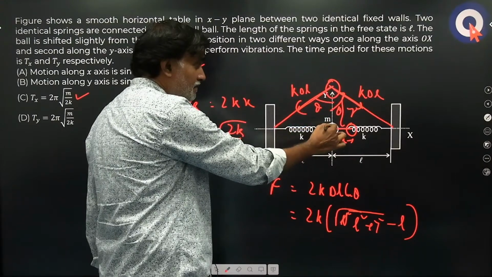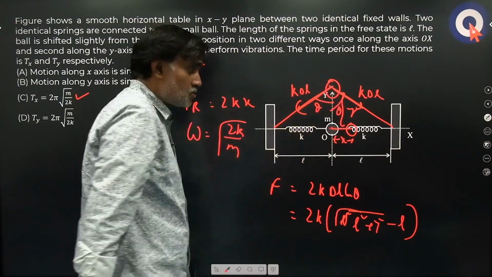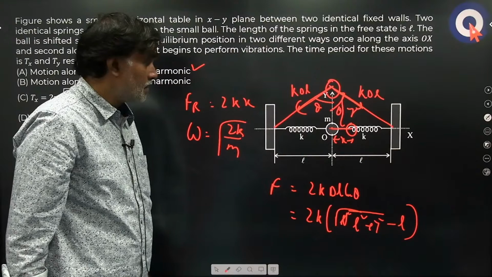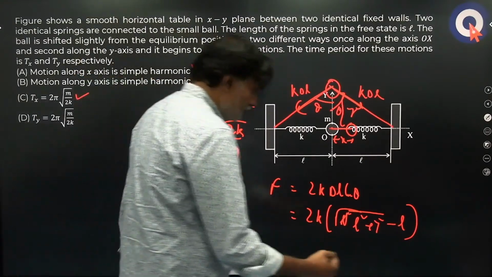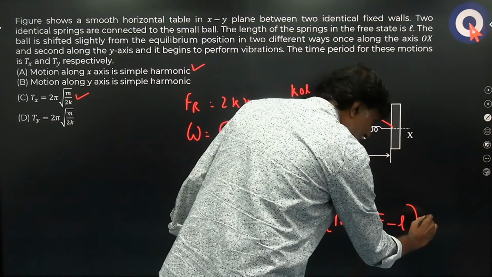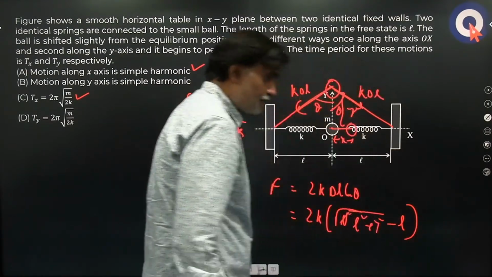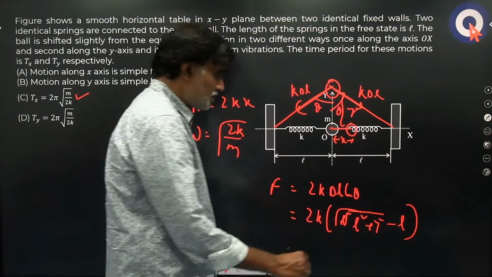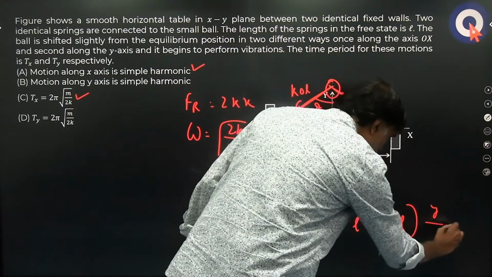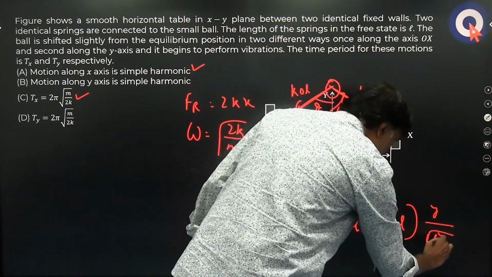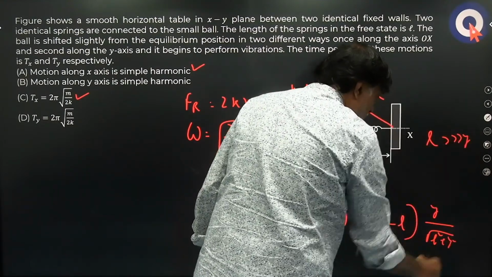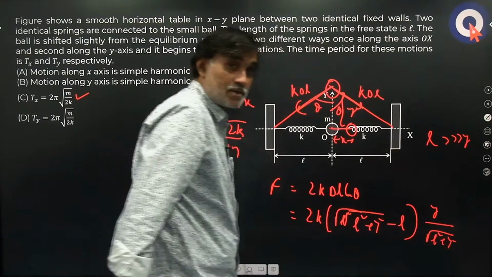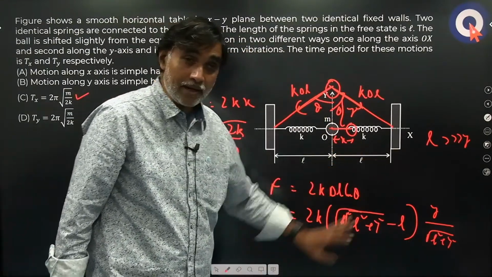It is y by this length, that is root of L square plus y square, okay. Y by root of L square plus y square, and L is much greater than y. Means I ignore y square when compared to L square. So it is y by L, you can write directly, okay.